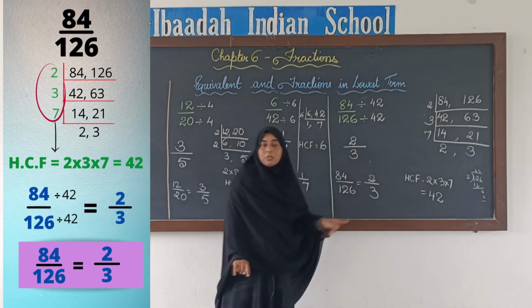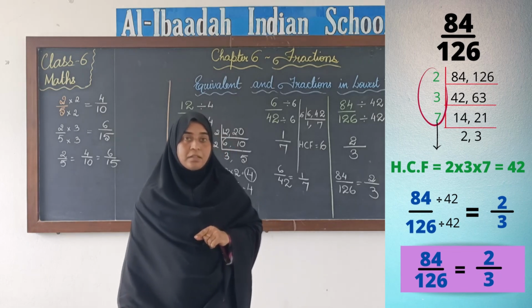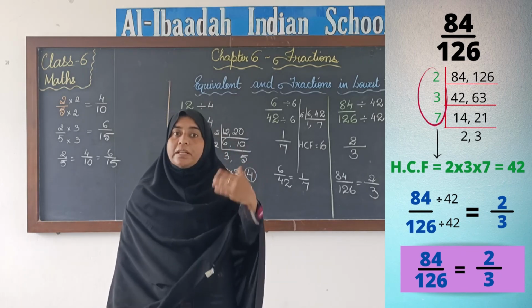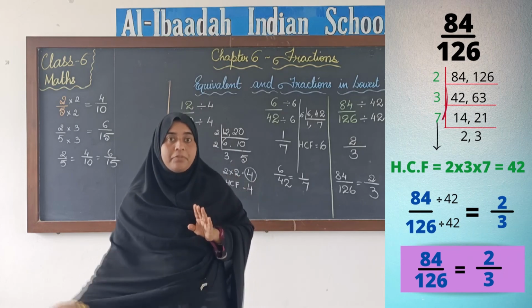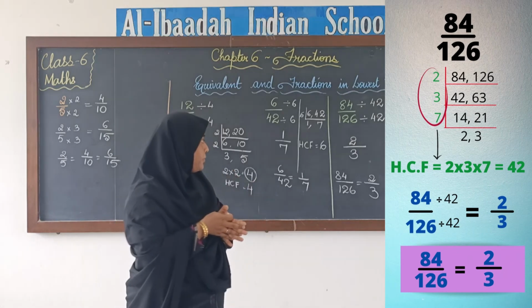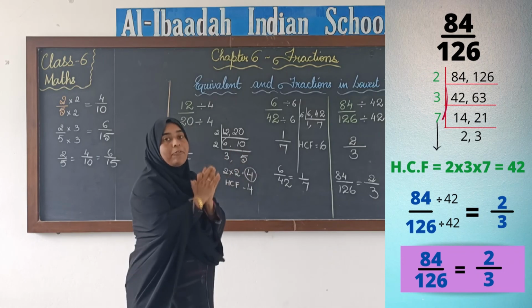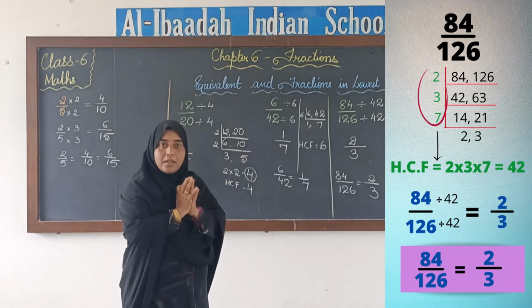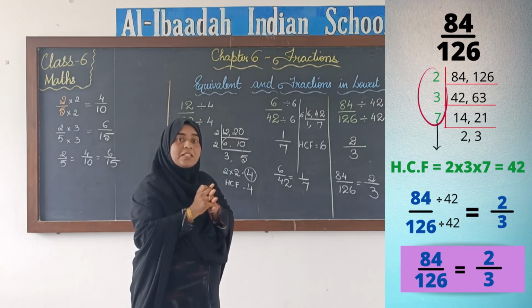So, when we do division of numerator and denominator with the same factor, we will get the simplest form of the fraction. Okay. We need to find the HCF of numerator and denominator, and with the HCF we have to divide the numerator and denominator. Then you will get a fraction which will be in the simplest form.